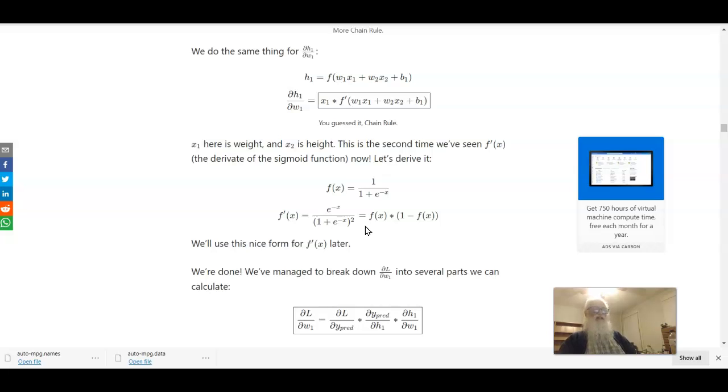And the quotient rule says it's the denominator times the derivative of the numerator, which is 0 in this case, minus the numerator, 1, times the derivative of the denominator, which is e to the minus x times minus 1. The two minuses cancel out, so you get e to the minus x in the numerator. And everything is divided by the denominator squared. So if you remember the quotient rule, that's how it's done.